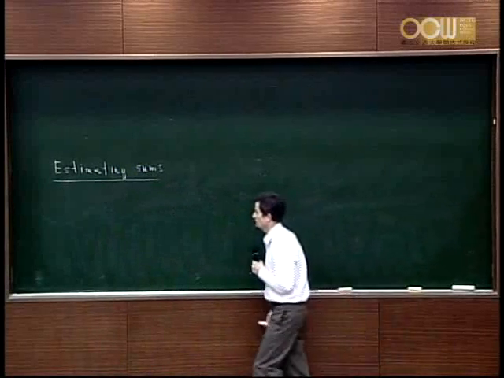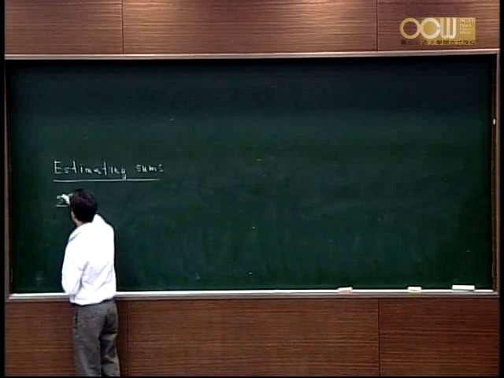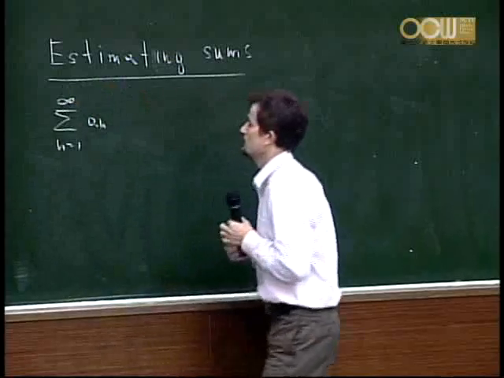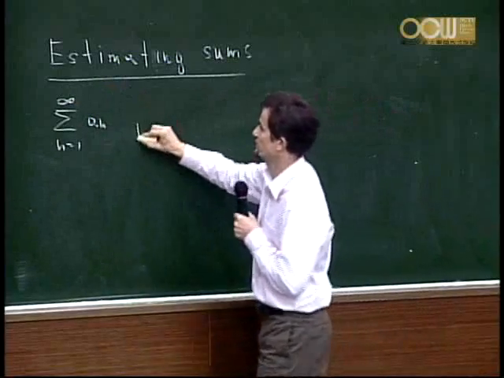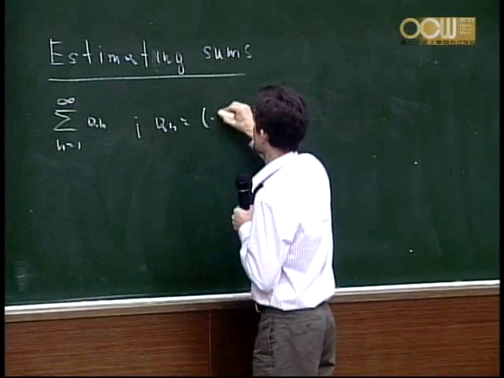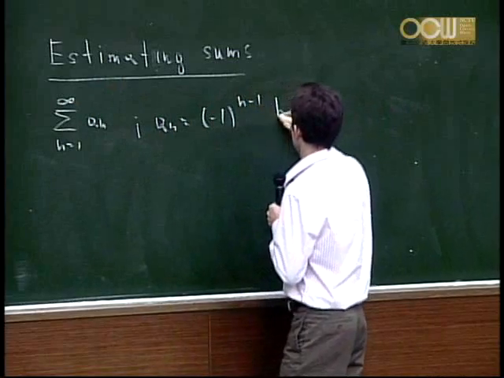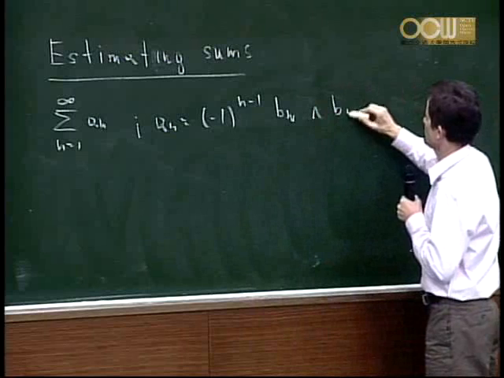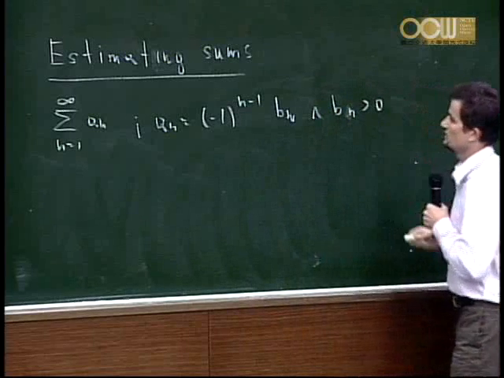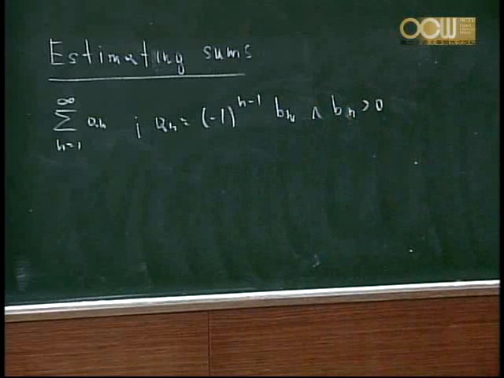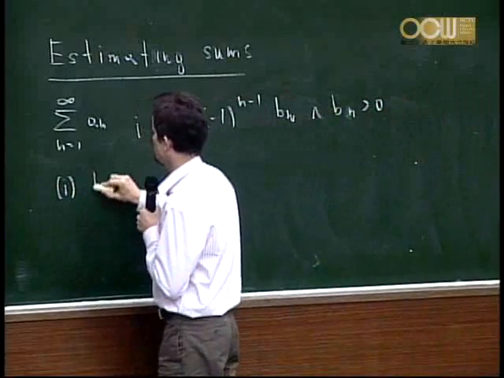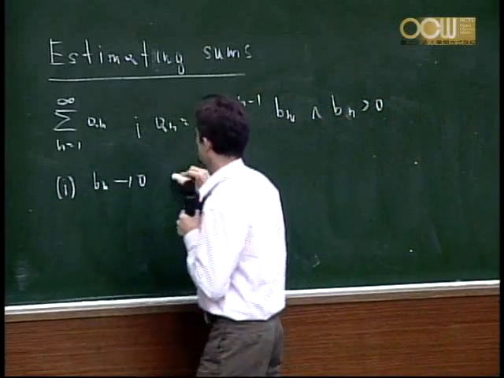So assume that we are given an alternating series, so a_n is equal to (-1)^(n-1) b_n, and b_n is larger than 0. Assume that the series is convergent, so assume that the two conditions of the alternating series test are satisfied.